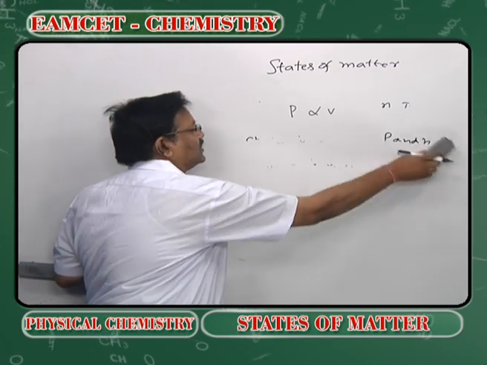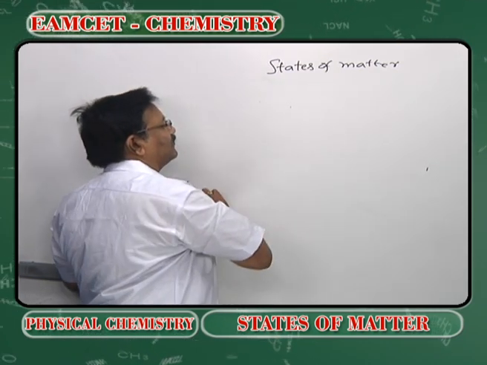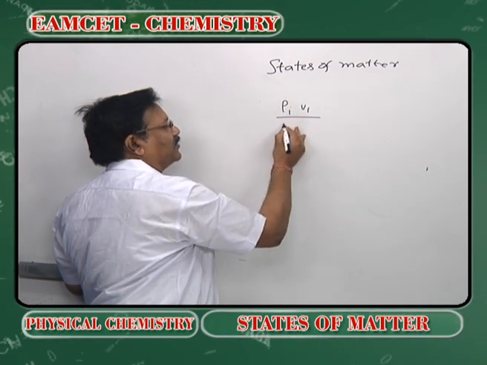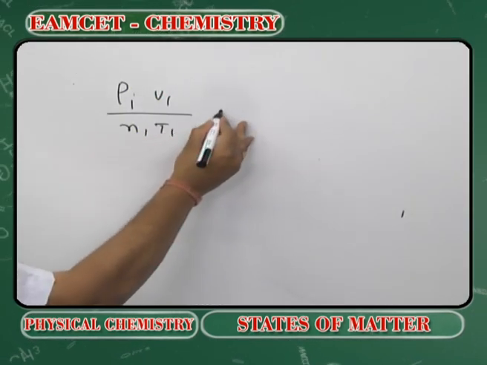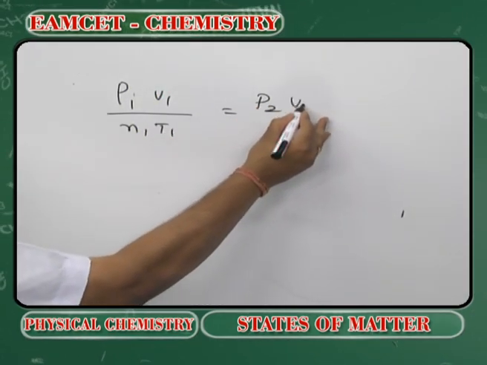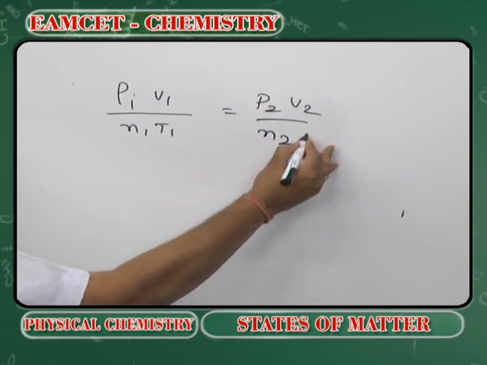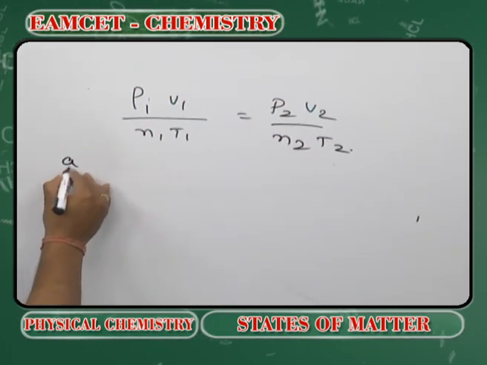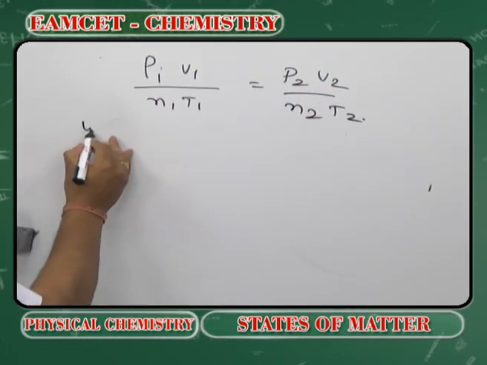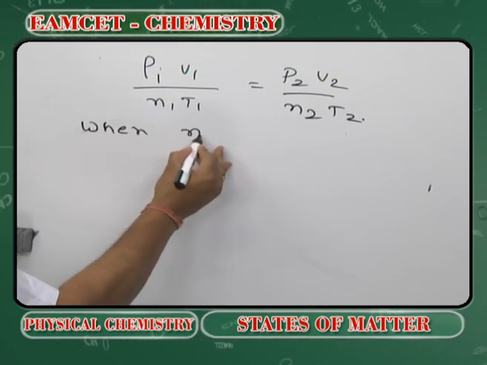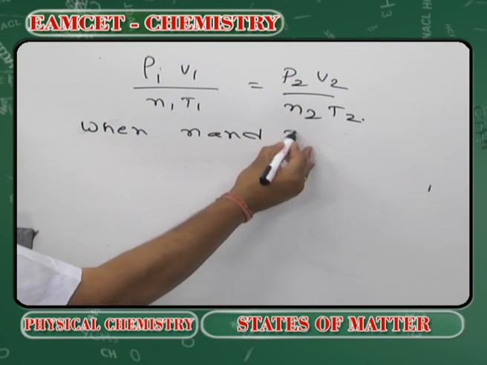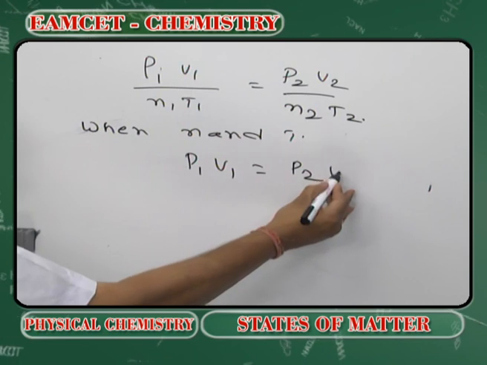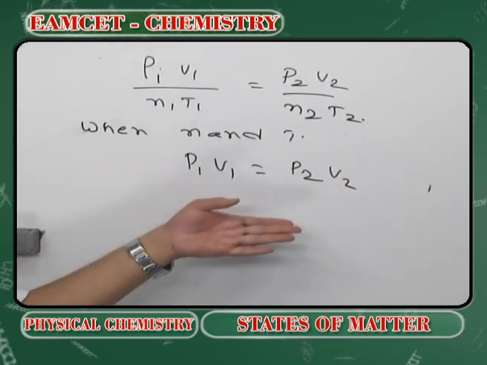What is the equation of state? We have the equation of state connecting the 4 parameters: P1 V1 by N1 T1 is equal to P2 V2 by N2 T2. When N and T are constants, P1 V1 is equal to P2 V2, which is nothing but Boyle's law.